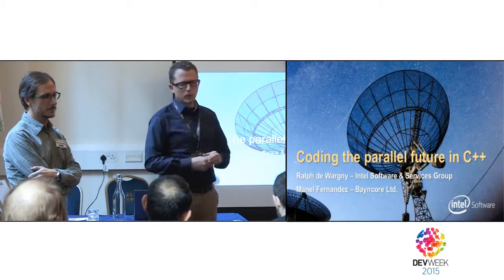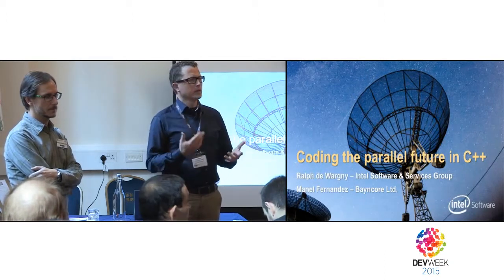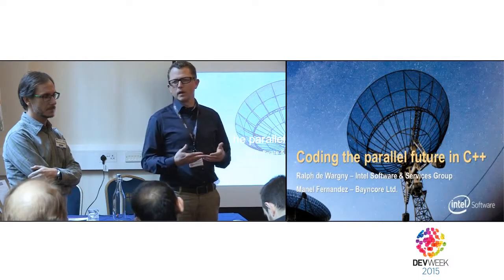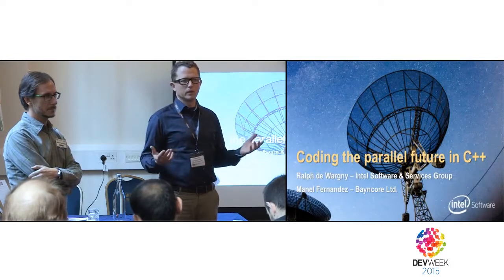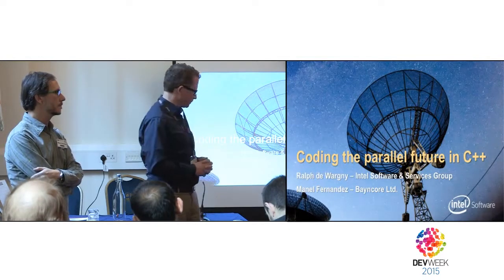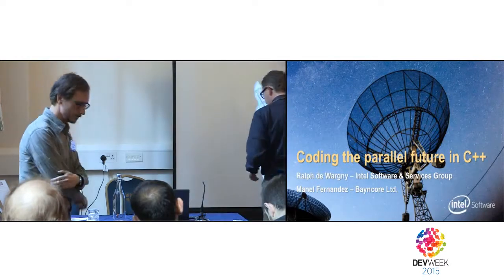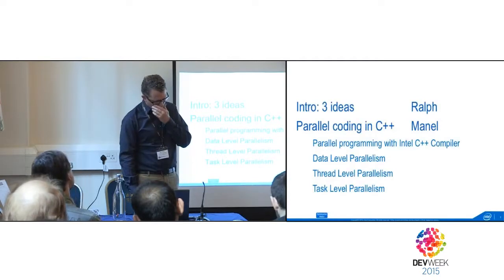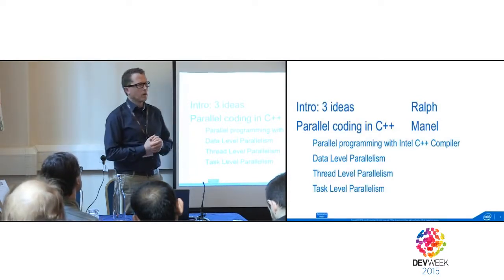And we are going to give you a little overview about C++ and how to use C++ today, right, with all these processing capabilities of processors. And I'm going to start for half an hour with 3 ideas of how to use C++.